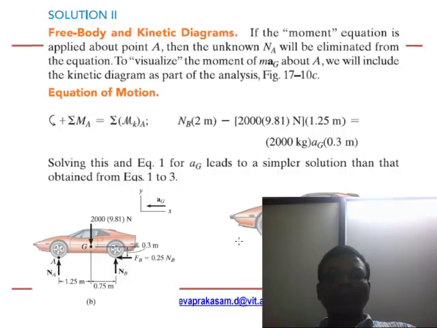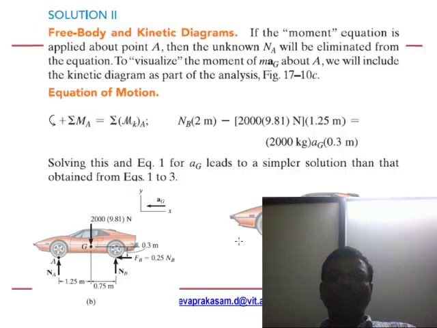So these are the quantities NA, NB and the acceleration at G. You can solve it, but you have to resolve the forces in the x and y direction of the center of mass, and the rotation about the center of mass or center of gravity.